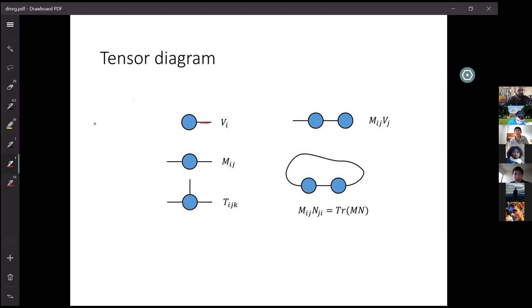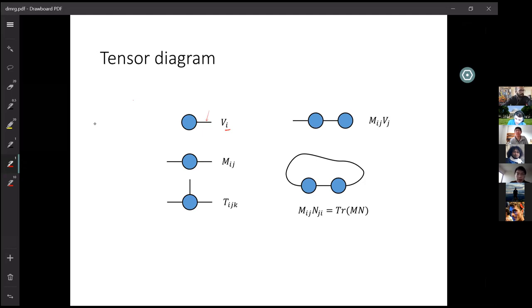That's called an index. So here, what you see is a tensor with one index. That is a vector. There's something we call the bond dimension. Sometimes we call this a leg, or sometimes a bond. We call the thickness of the bond the bond dimension, which is how many values this index can take.